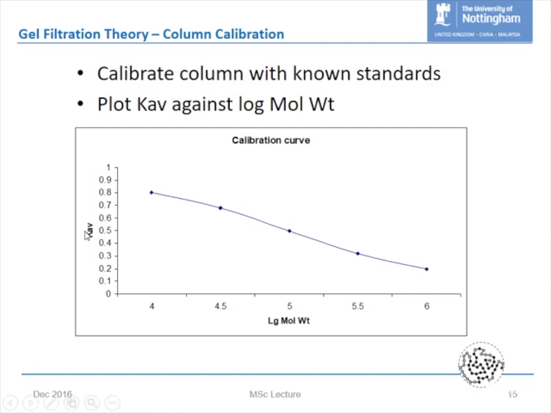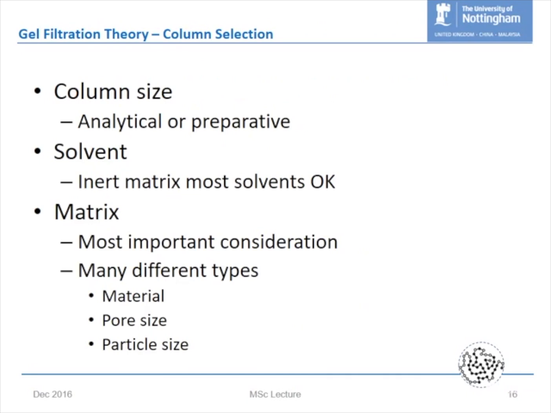So we would calculate VE, work out KAV, it would come to somewhere like this, and we would extrapolate across and then work out what our molecular weight was from the calibration curve that we've got here.